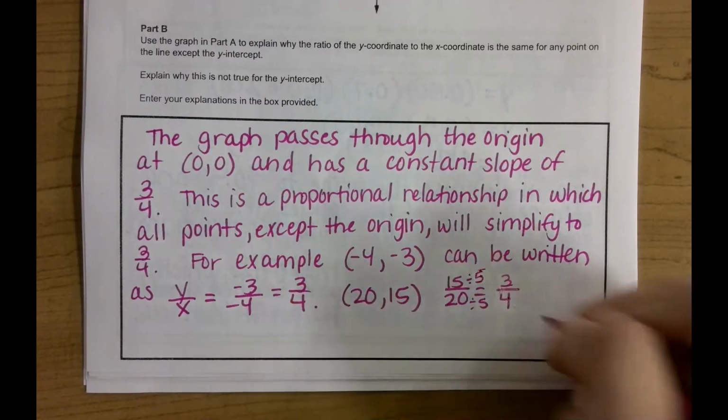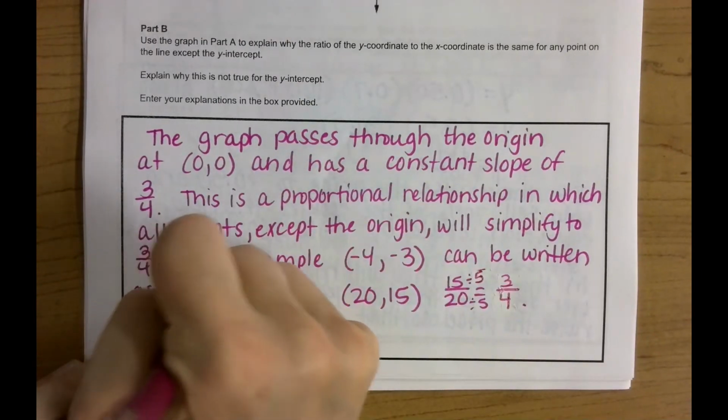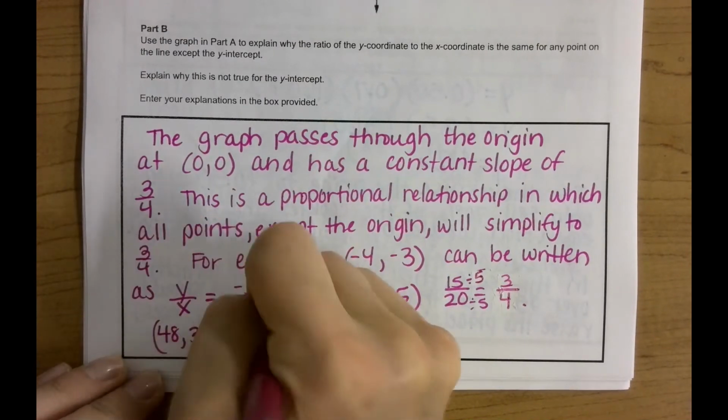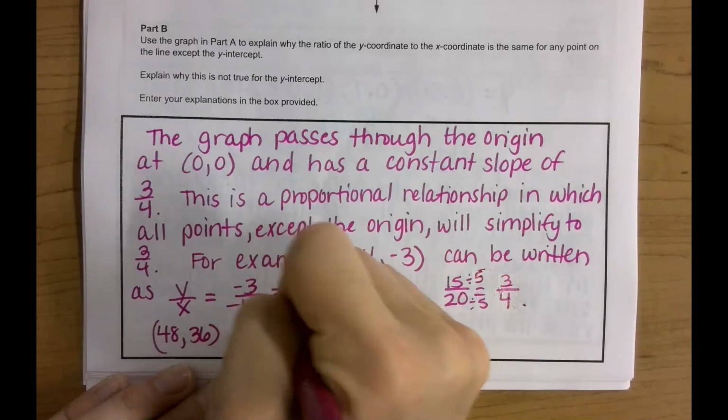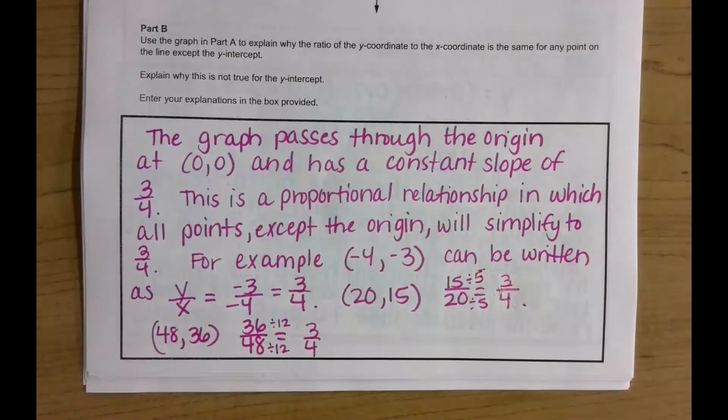And then same with 48, 36, y over x, divide both by 12, we also get 3/4. So, proportional relationship, everything reduces to the same slope. It's a linear relationship, and it is proportional.